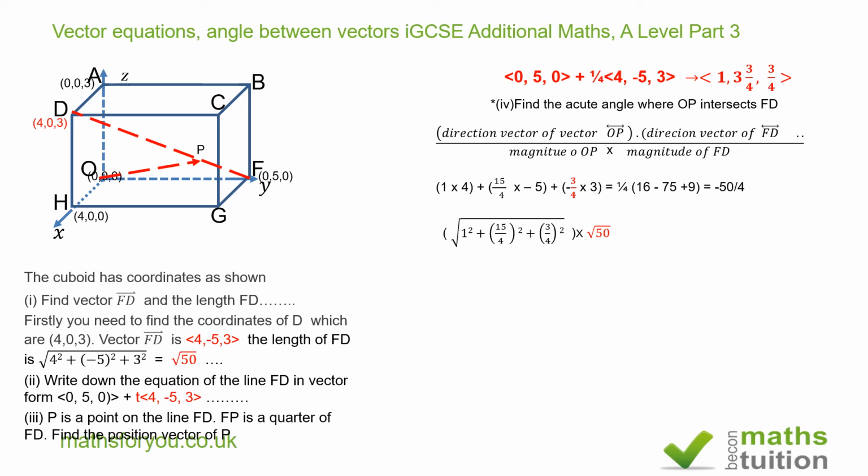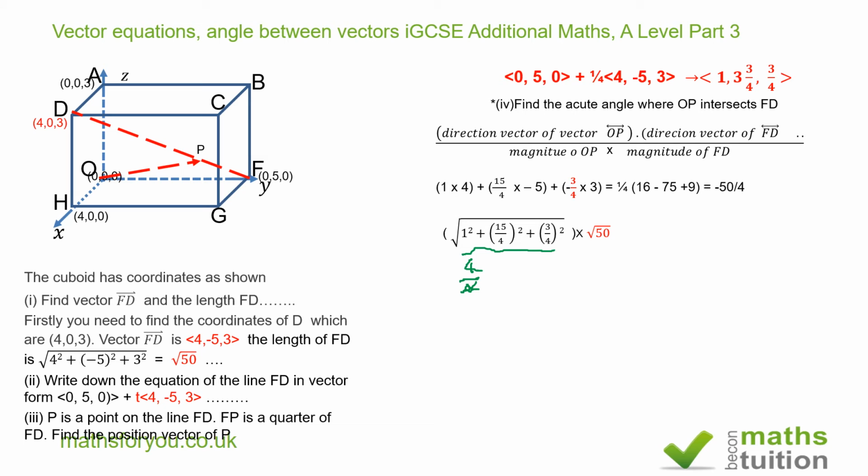Now, to help myself with the calculation, instead of 1, I've got 4 over 4, which is 1. If you square 4, you get 16, so each of these 3 terms has 1 over 16 as the denominator.